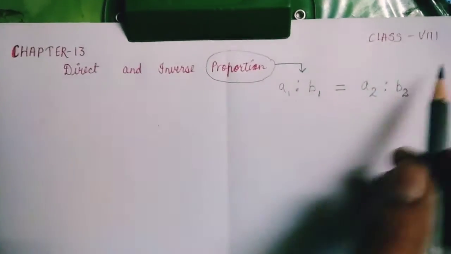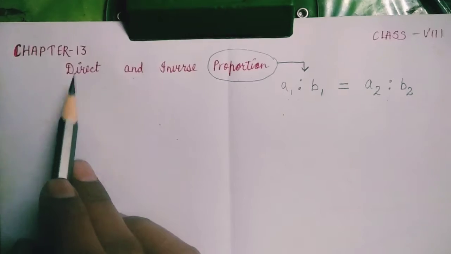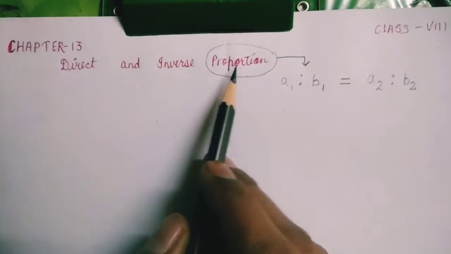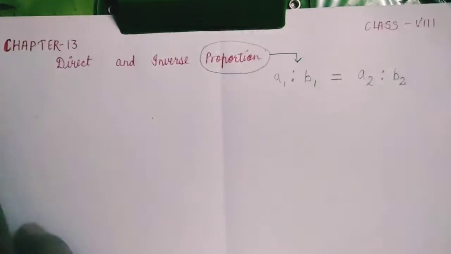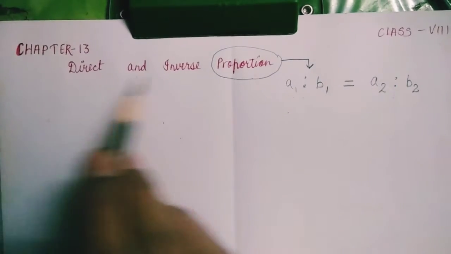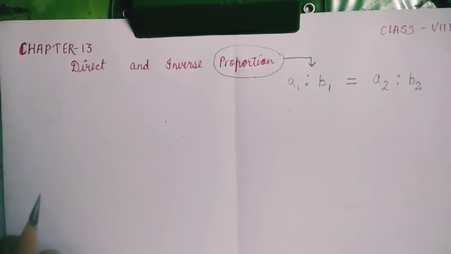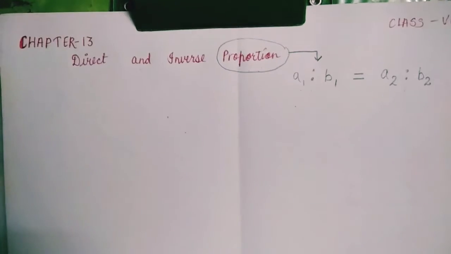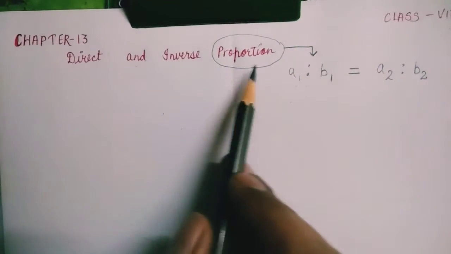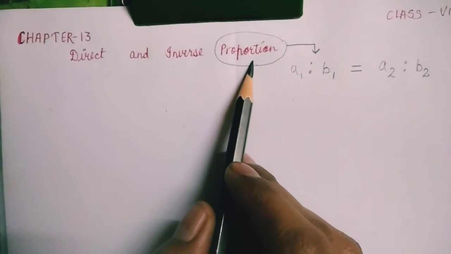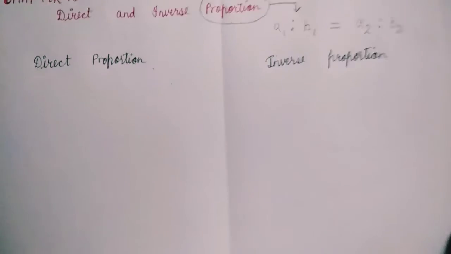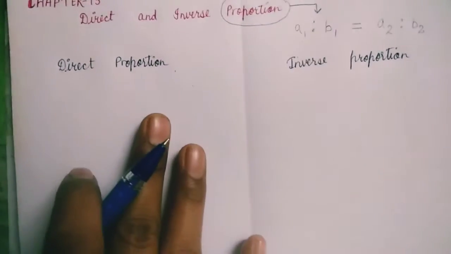Now in class 8th, we have a new topic which is direct proportion and inverse proportion. We will see the introduction of both topics with the differentiation between them. So first one is direct proportion and second one is inverse proportion. Now firstly we will see direct proportion.